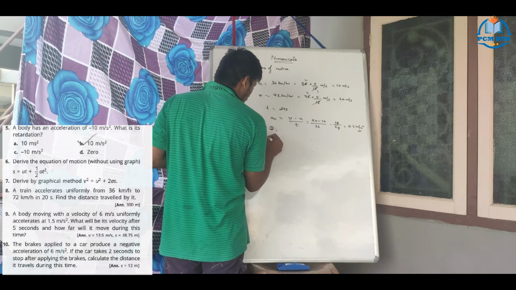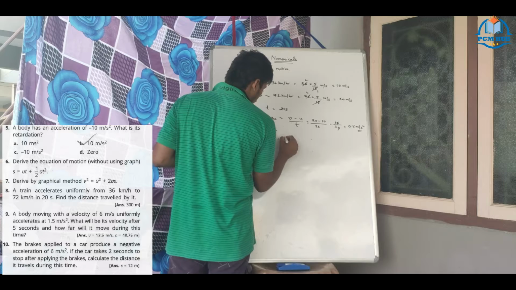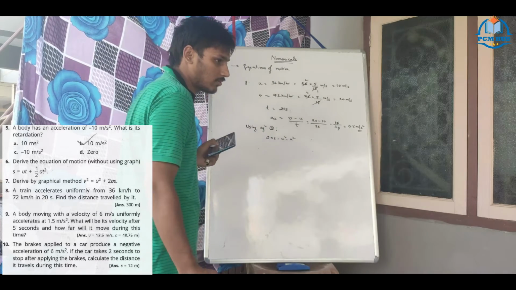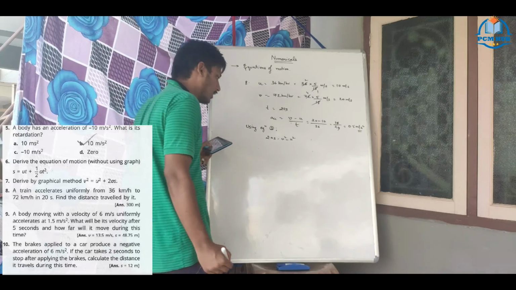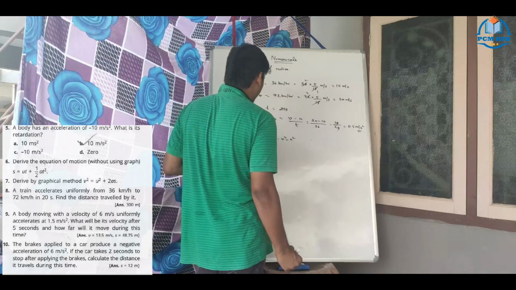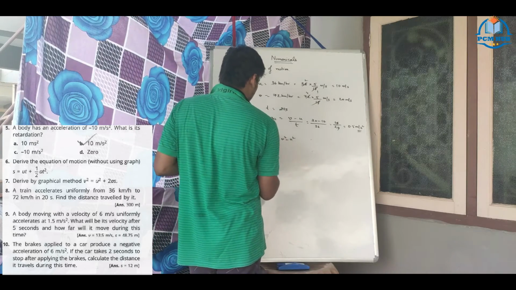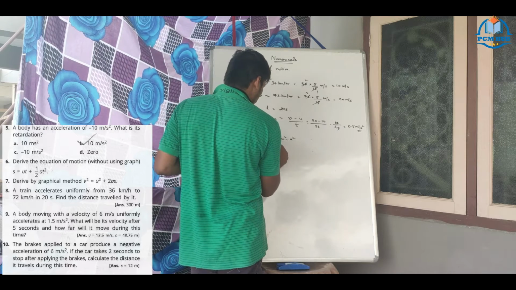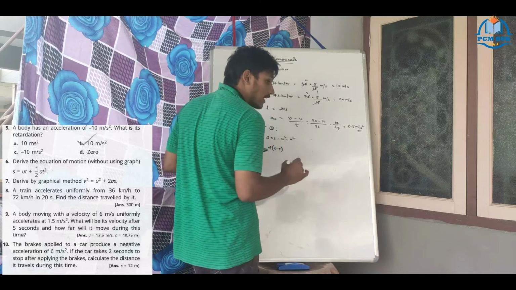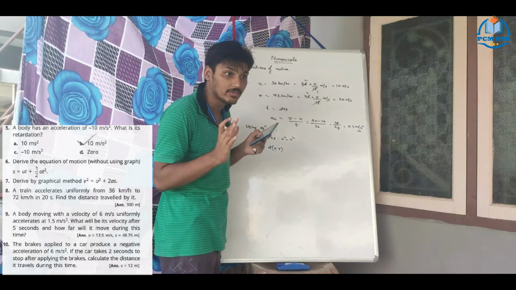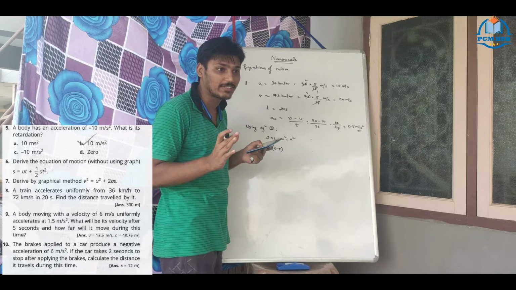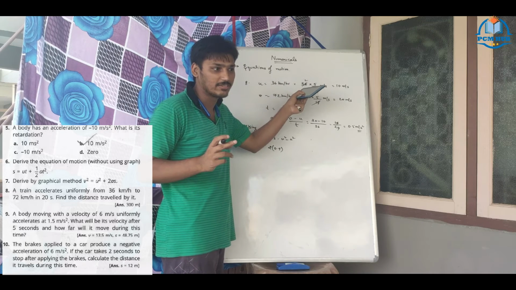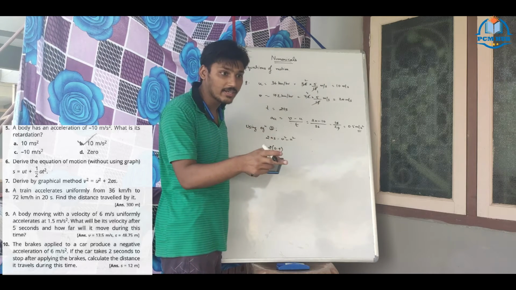We have 2as equal to v square minus u square. So 2 into acceleration. For finding distance, acceleration is compulsory, because in both the functions of s, we earlier saw that it is a function of a, compulsory. Did you note it or not?